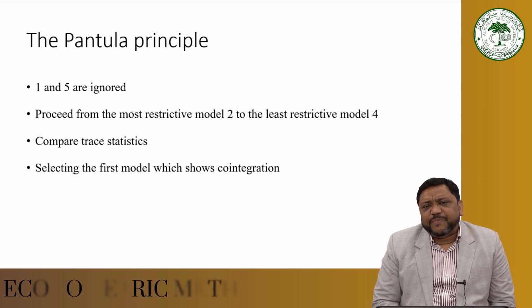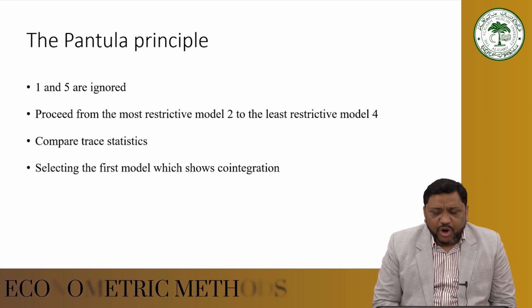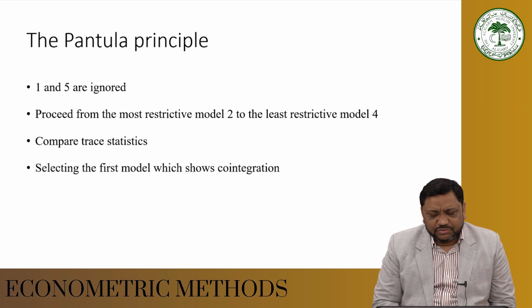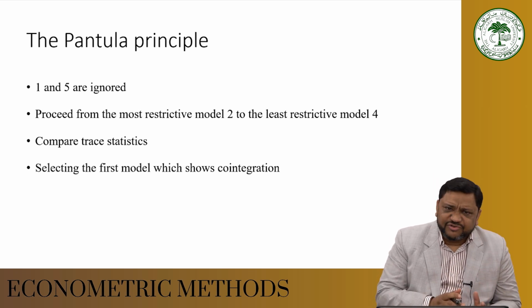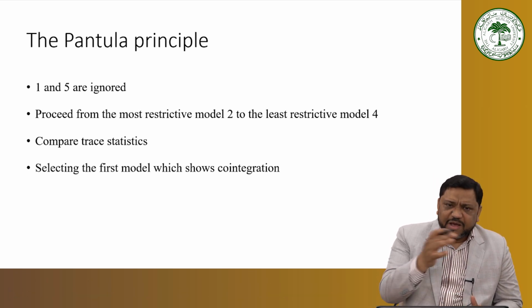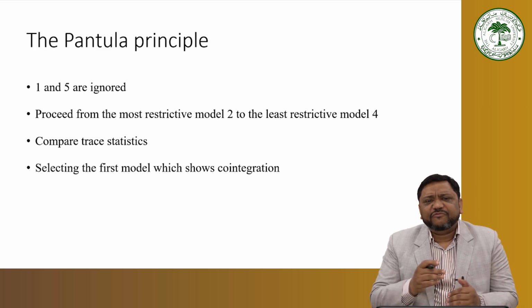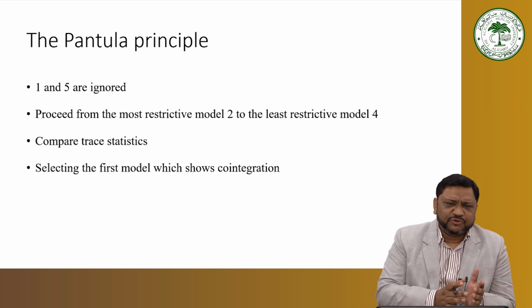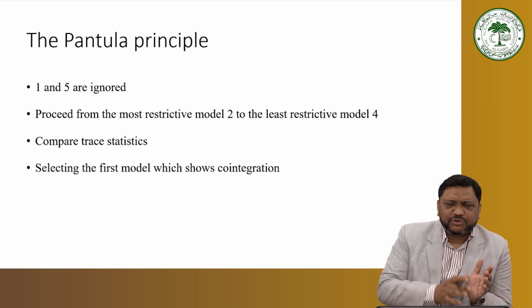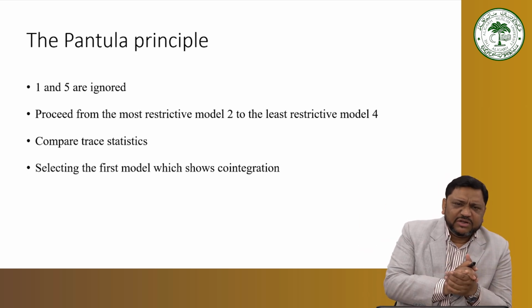Now, according to the Pantula principle, model 1 and model 5 are ignored. Model 5 is very difficult and model 1 is impractical. Now what we do, we proceed from the most restrictive model, which happens to be model 2, and then we go to the least restrictive model. Means first we take model 2 and then we estimate the Johansen cointegration.